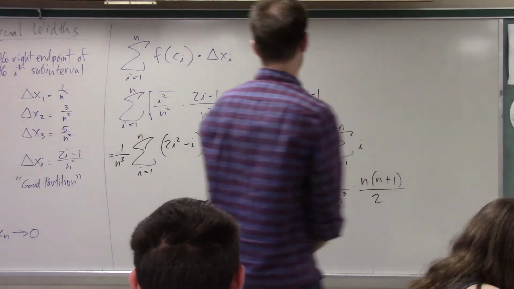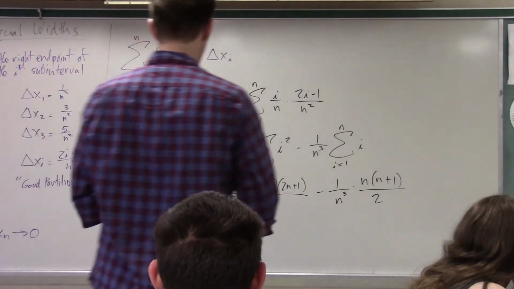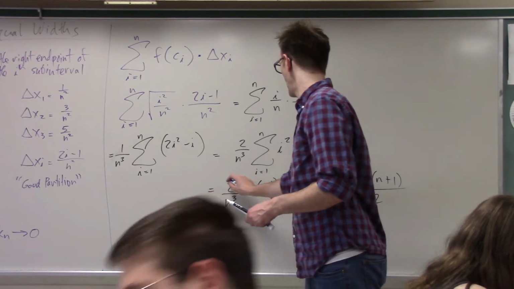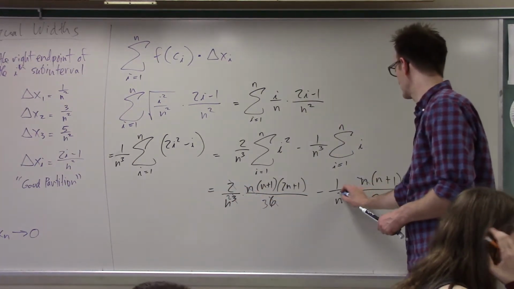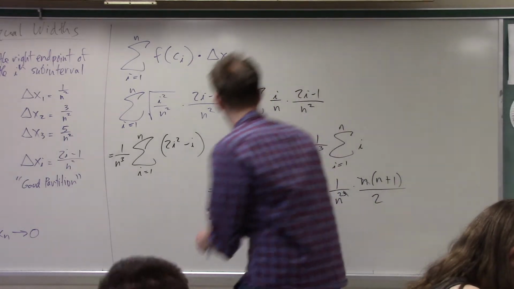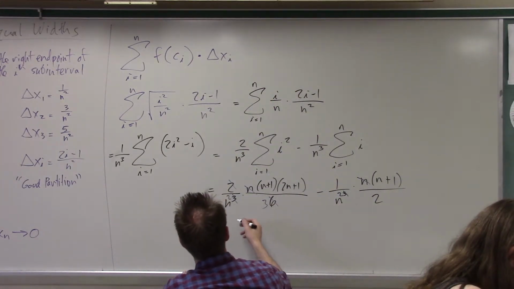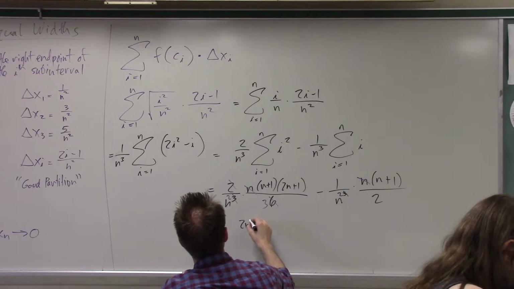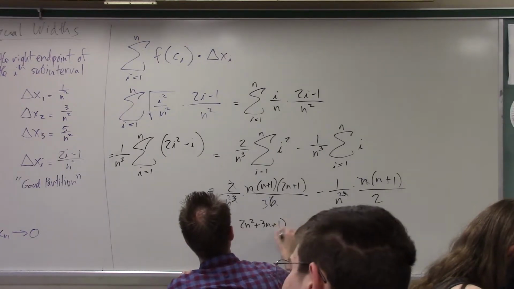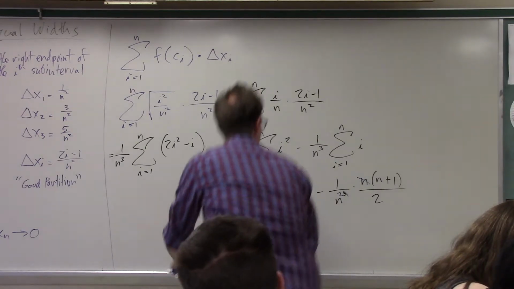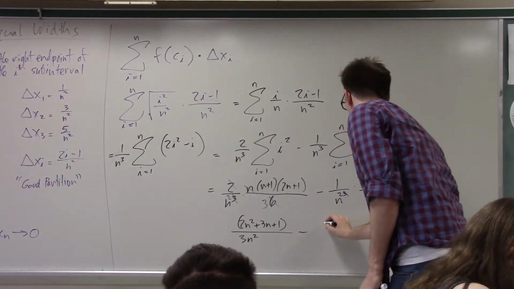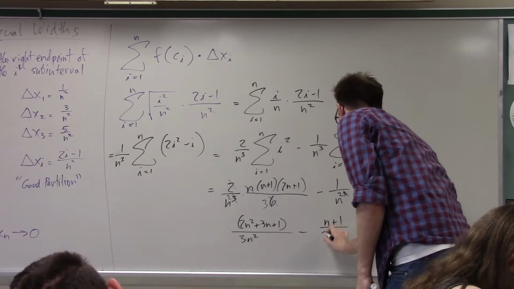Cool. So math happens, and we get a 3, and we get a 2. So this is 2n squared plus 3n plus 1 over 3n squared minus n plus 1 over 2n squared.